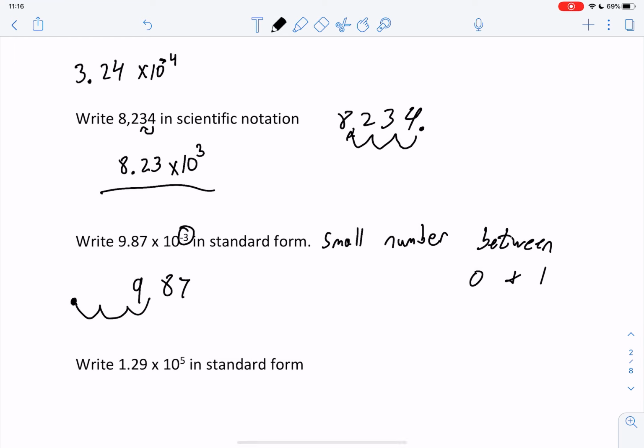So that's where the decimal is going to go. And we just fill in the spots with zeros. And then we just always need to make sure we have a 0 in front of the decimal place as well. So that 9.87 just becomes 0.00987. That's our answer.